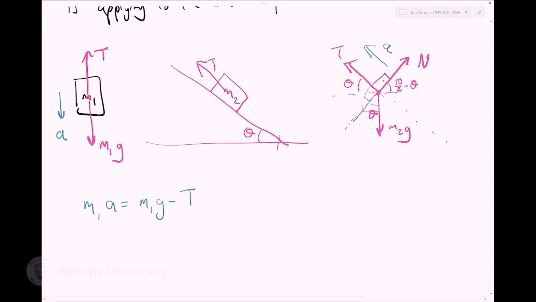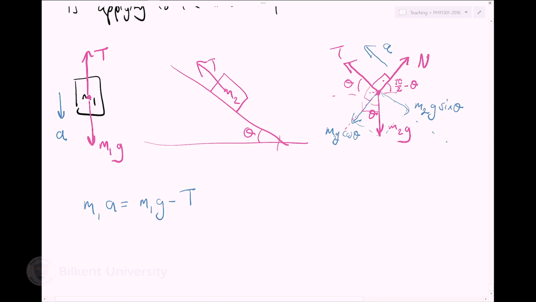Here, there is a component in the normal direction and a component in the inclined plane direction. The length of the component in the normal direction is m2g cosine theta. And in the inclined plane direction, I have m2g sine theta.